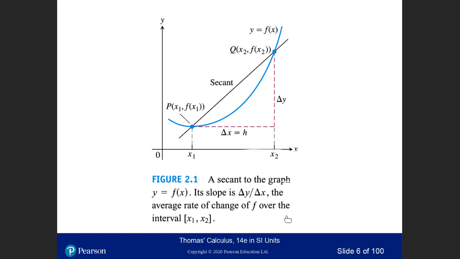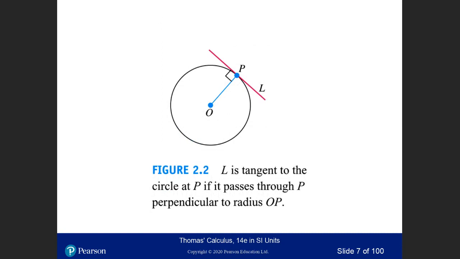That's geometrically what we see. Now let's continue from here. The tangent line is something different. It's not a secant line. It just touches the curve at one point. Here, if you have a circle, the tangent line to the circle is perpendicular to the radius and it touches the curve at one point.